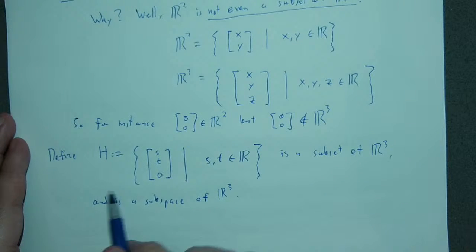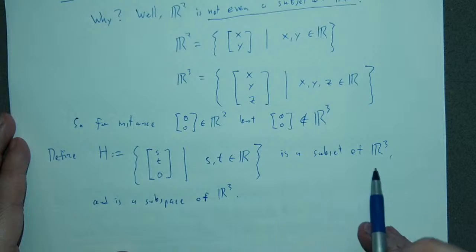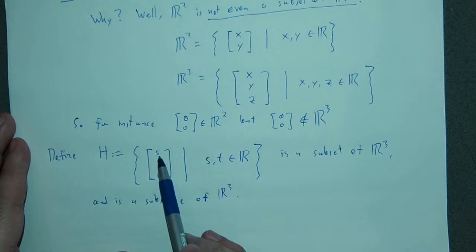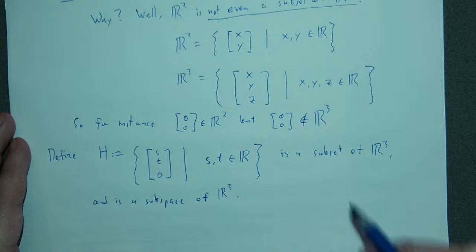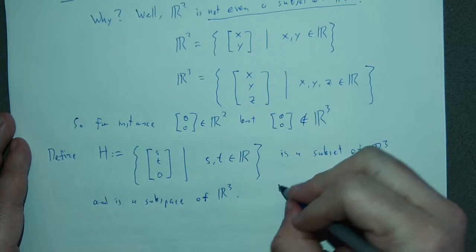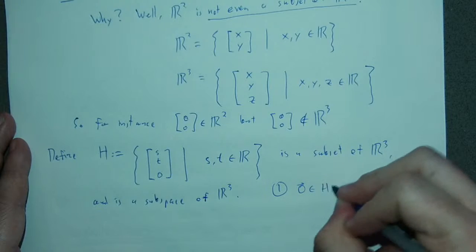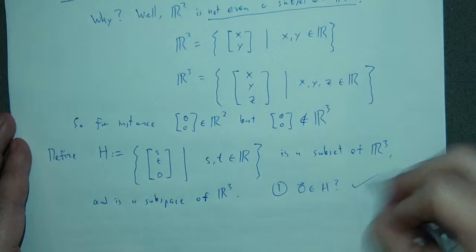So I've defined a subset of R3 that is the collection of all vectors that have any real numbers in the first 2 slots with 0 in the last slot. Okay, so this is a subspace of R3. To see that, the first thing I have to check is whether the zero vector is in H. Yes, right?